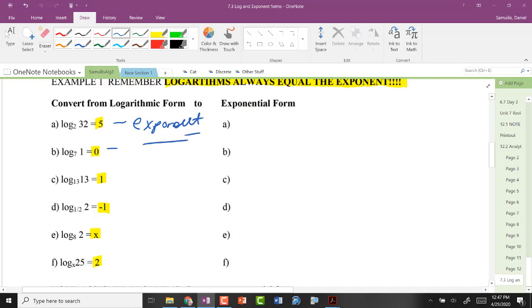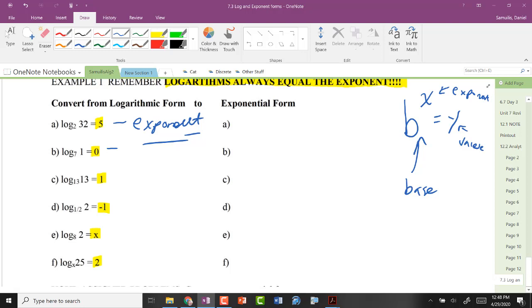Now when I read it, I say log base 2 of 32 equals 5. When I'm looking at an exponential form, b to the x equals y, b is the base, x is the exponent, and y is just a value. So when I say log base 2 of 32, the base of the logarithm is always the base of the exponent as well.